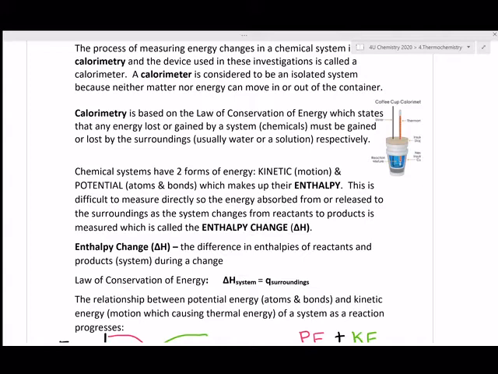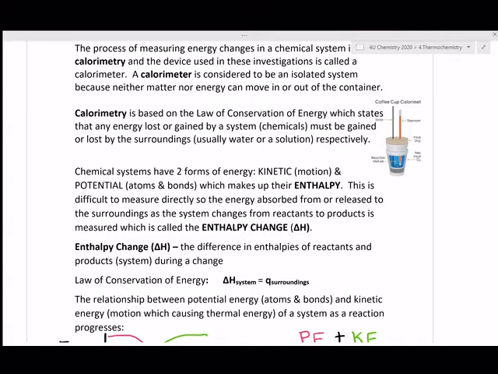So between the kinetic and the potential, all that energy adds up into something that we're going to call enthalpy. And we would like to know the value of that enthalpy. However, it is hard to measure. But what we can measure is how that enthalpy value changes after our system undergoes some type of change.